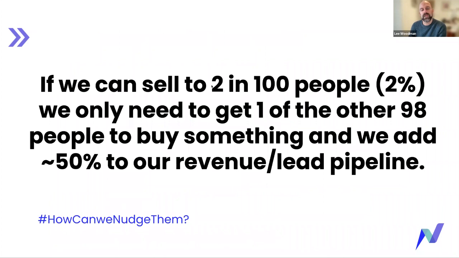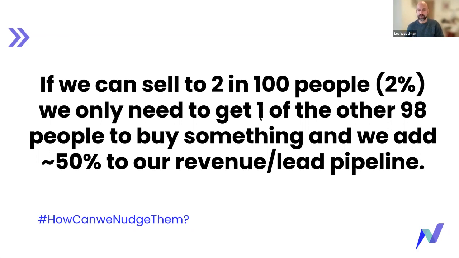So the average conversion rate to either sale or lead or any kind of action that we're generally trying to get people to do on a website is about 2%. If we're getting a 2% conversion rate on our website, we only need to convince one extra person to buy or generate a lead, and we increase our revenue by 50%.